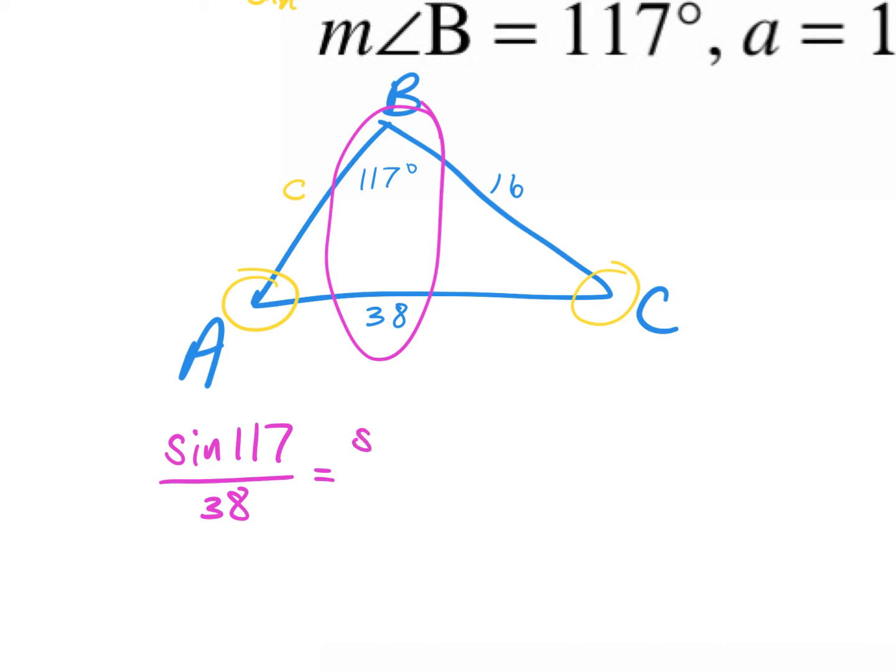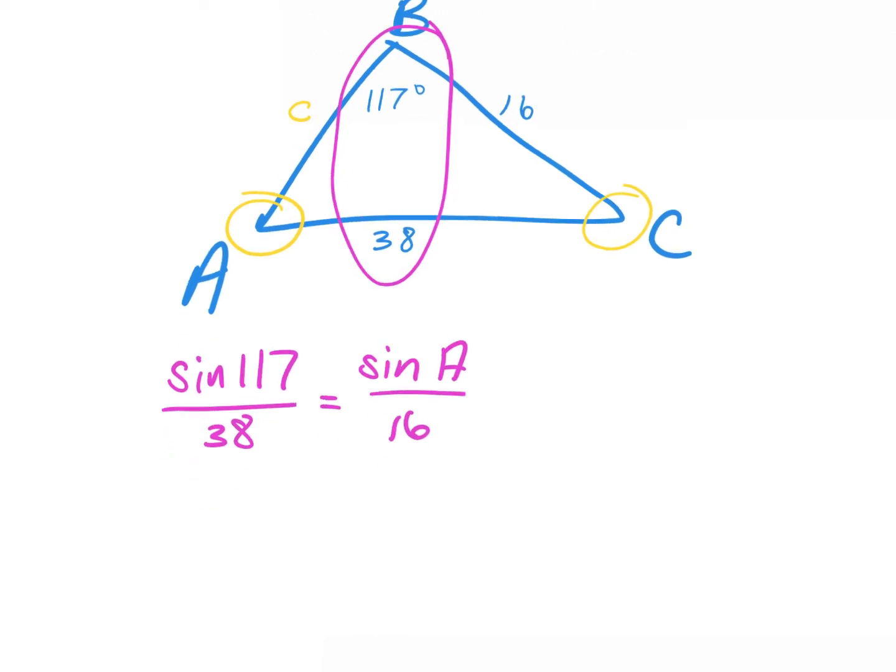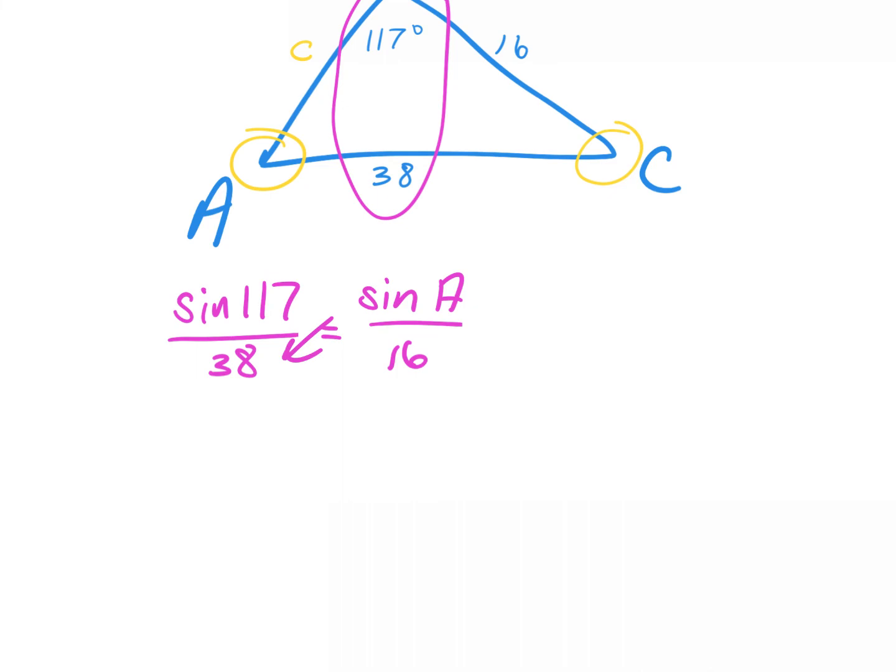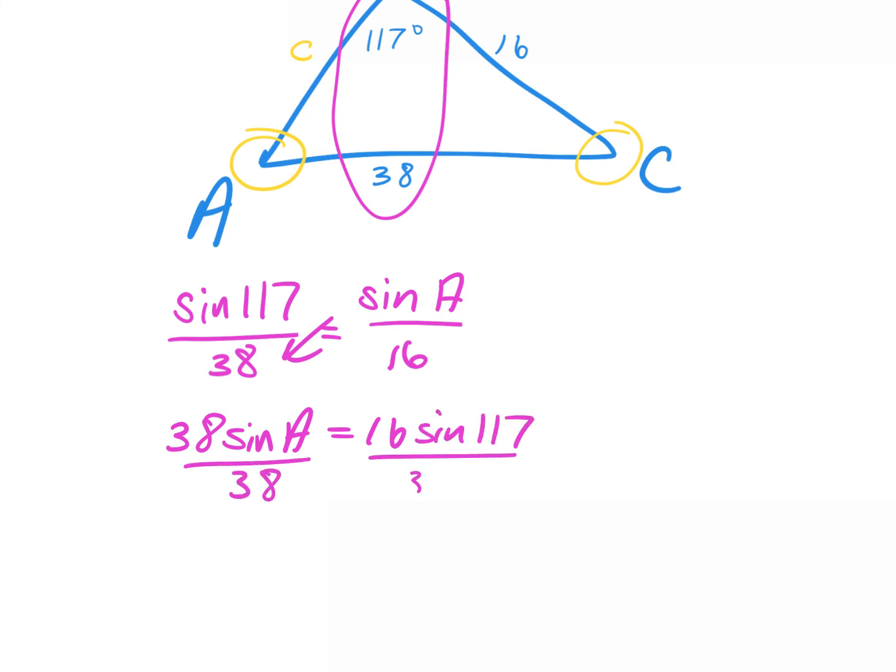So I'm just going to say sine of A over 16. When I solve this in my calculator, I am not finding the measure of A. I'm finding the sine of A. So we have to do one extra thing. I have 38 times sine A equals 16 times the sine of 117. Divide both sides by 38.